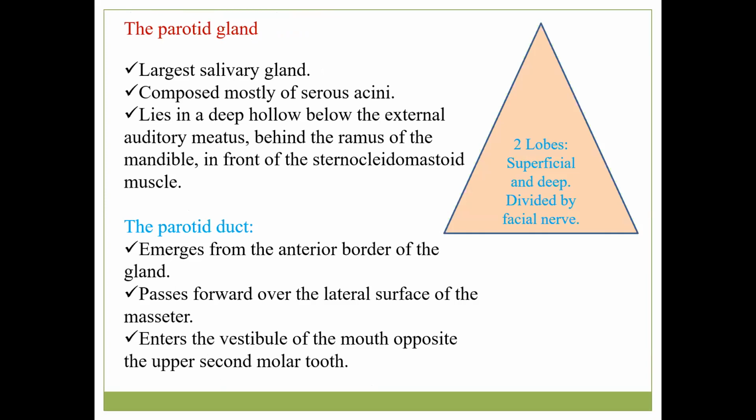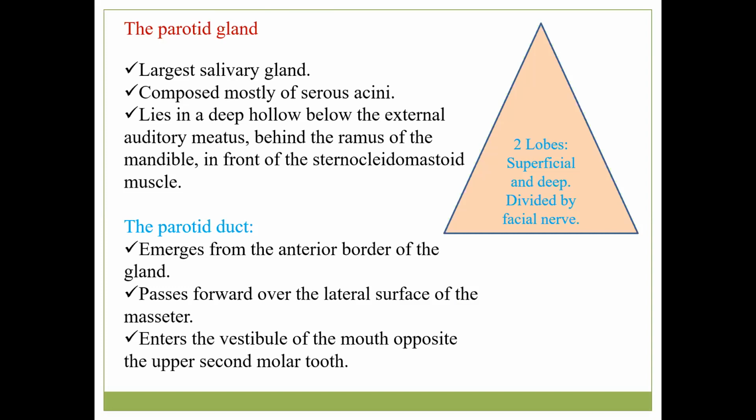So first, let's talk about the parotid gland. Parotid gland is the largest salivary gland in our body and it is composed mostly of serous acini. And it lies in the deep hollow below the external auditory meatus and behind the ramus of the mandible in front of the sternocleidomastoid muscle. So it has two lobes, superficial and deep.